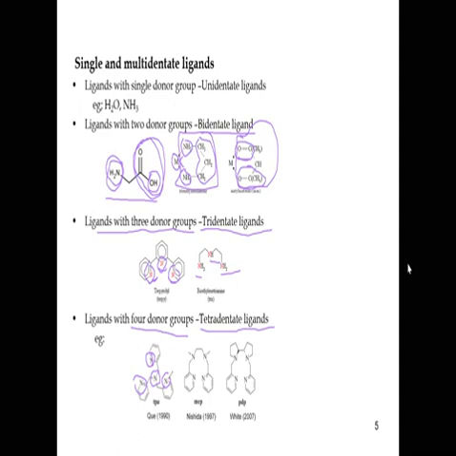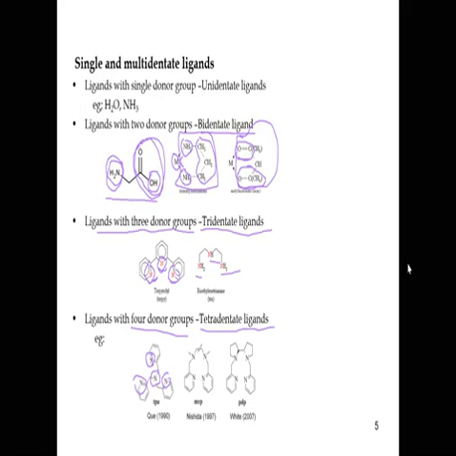Each can make a coordination bond with the metal ion, right? So here are two more examples for tetradentate ligands.